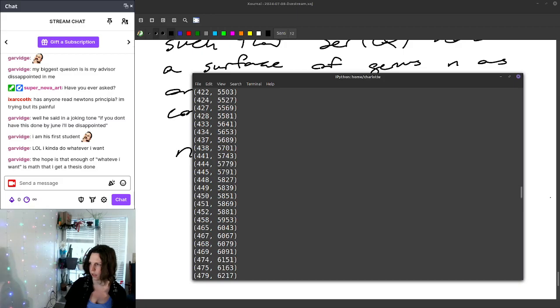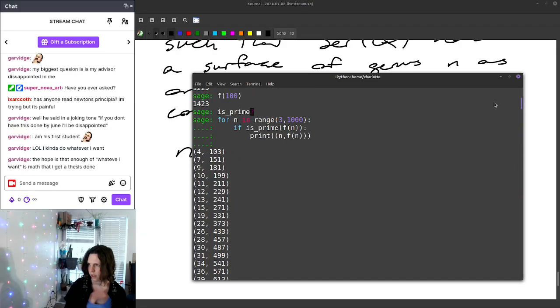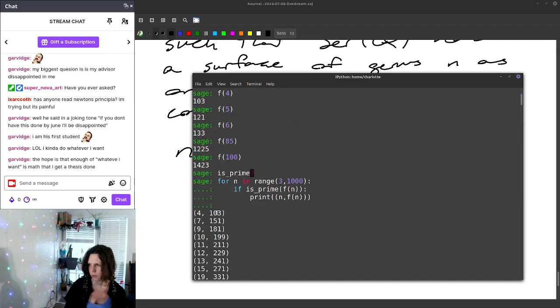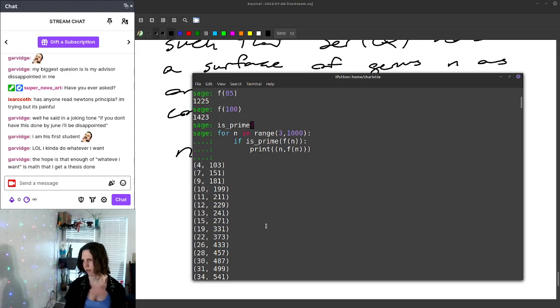So I think, unless I'm mistaken, somewhere in the course of this calculation, the answer is that there are many numbers for which the number is prime. Oh, 103. I don't know that I have the primes memorized that much, but I may have been able to guess that 103 was prime. But all right. So 4 holes, 7 holes, 9, 10, 11, 12. Wow, actually a lot of these are prime. Huh.